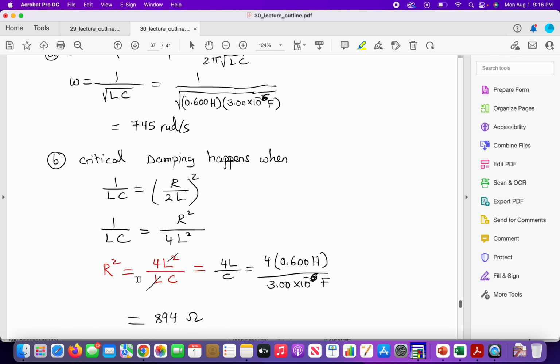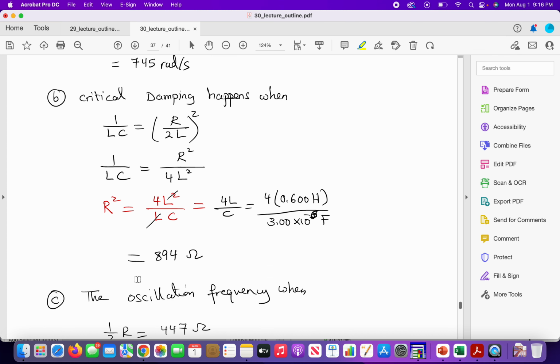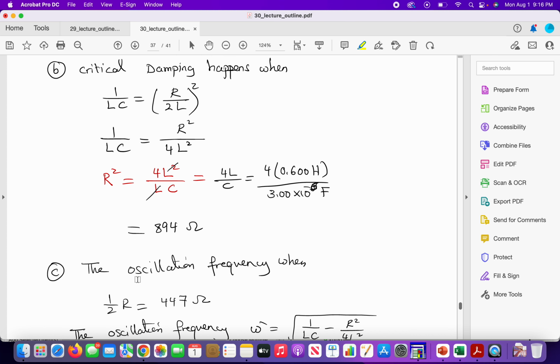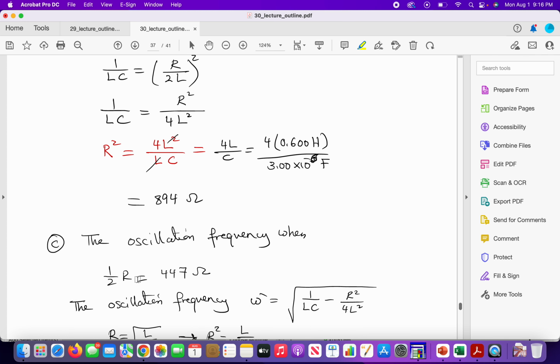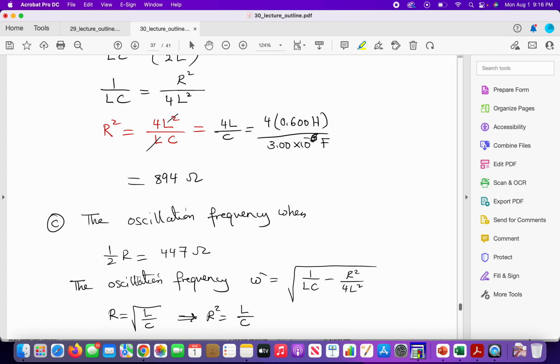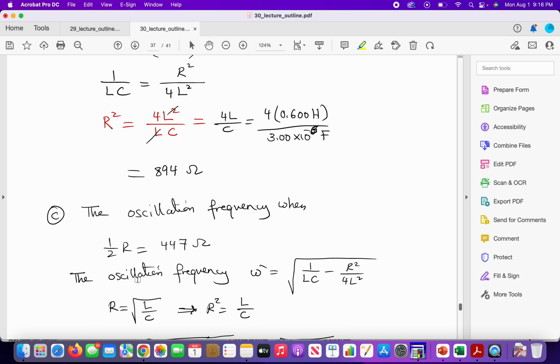Then if I wish to calculate the oscillation frequency when I'm gonna have 1/2 R, then I can find what is really the 1/2 R, and then the oscillation frequency is going to be the angular frequency omega prime, which is the square root of 1 over LC minus R squared over 4L squared, and then R is gonna be the square root of L over C again.